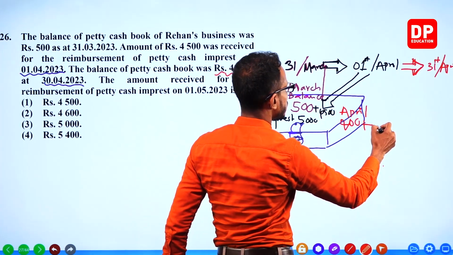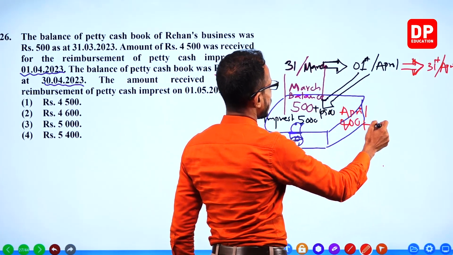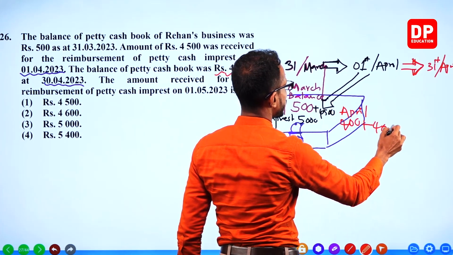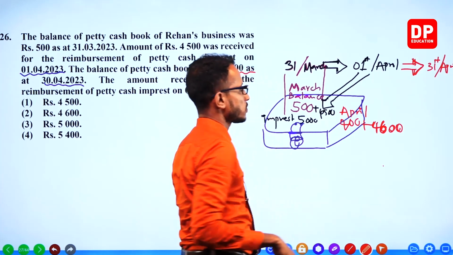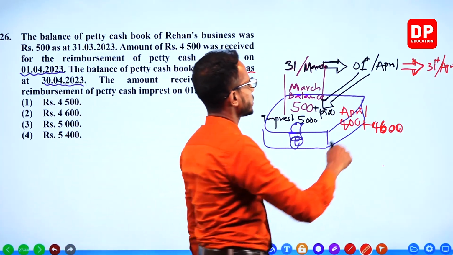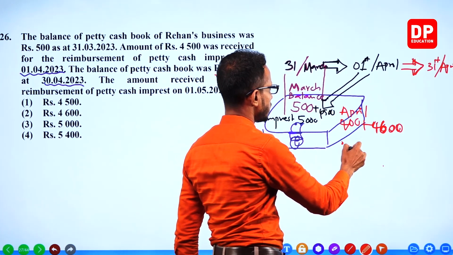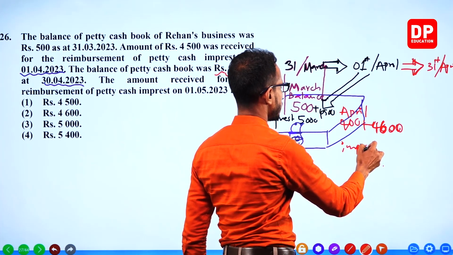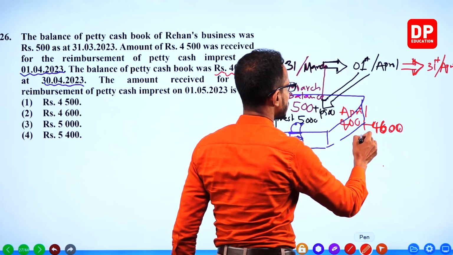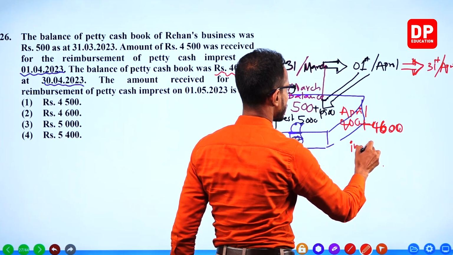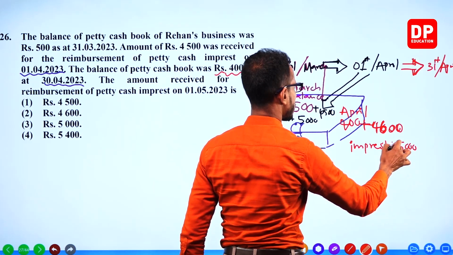To that, you should receive from the main cashier, since 400 is left, 4,600 as the reimbursement to make the interest 5,000.